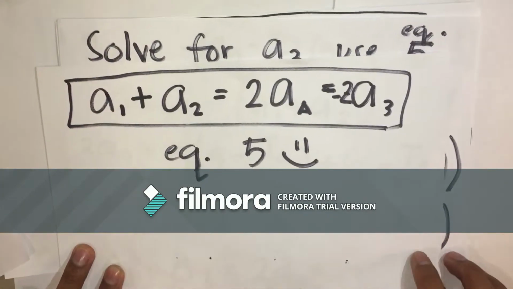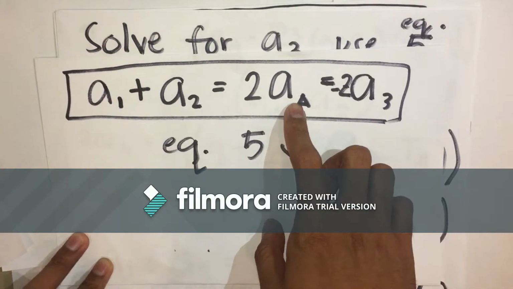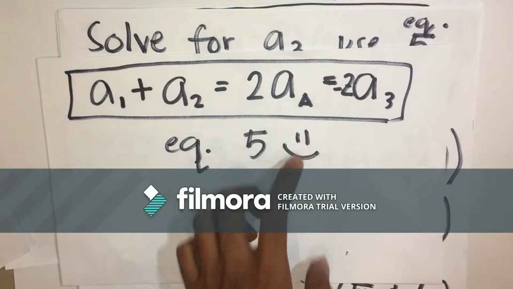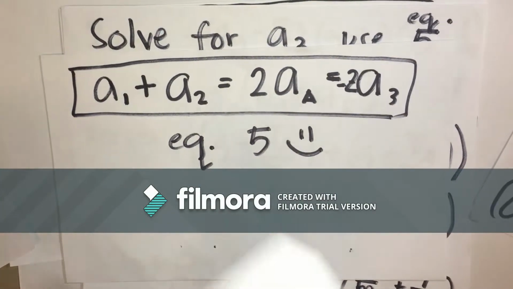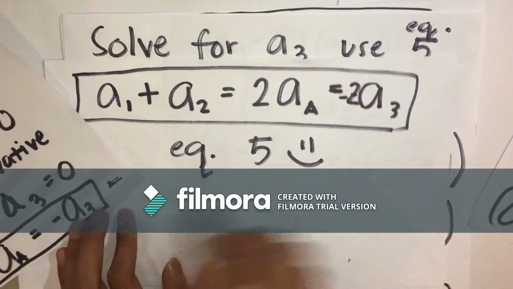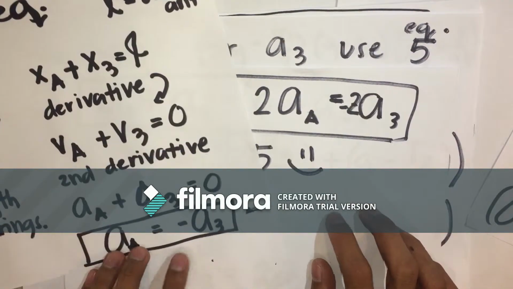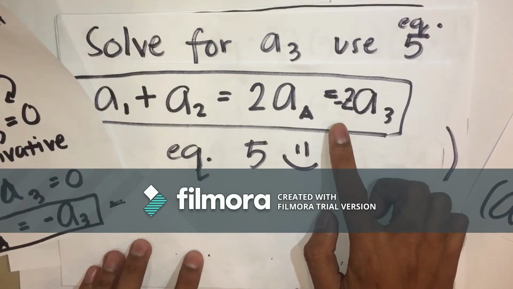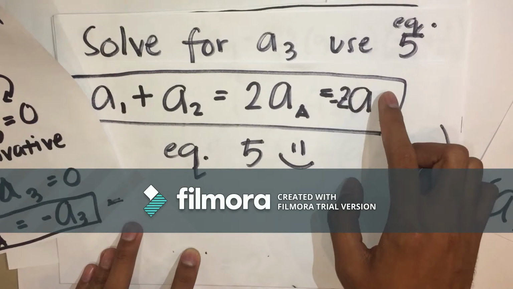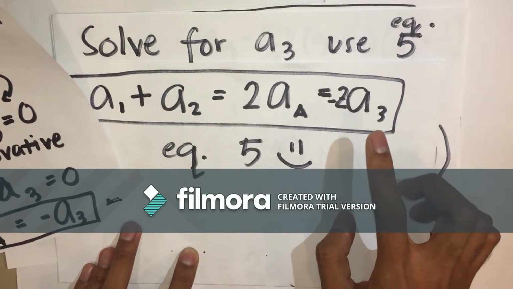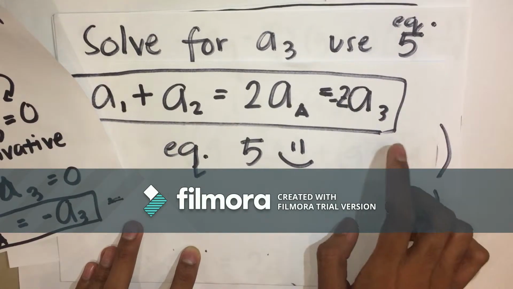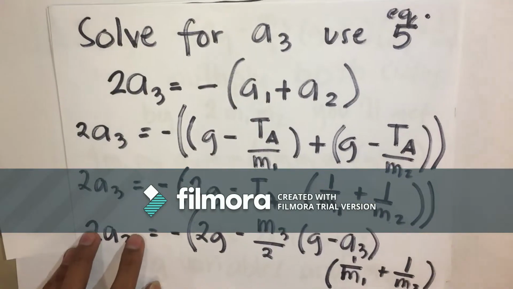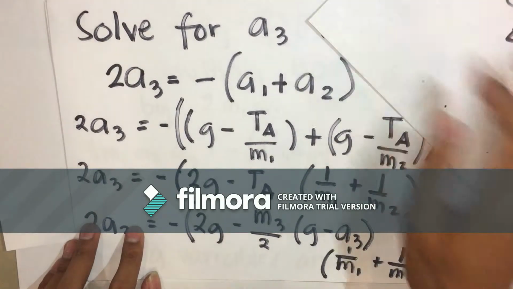A1 plus A2 is equal to 2 times the acceleration of pulley A. And we knew that the acceleration of A is equal to the negative acceleration of the third. So we can say that it is equal to negative 2 times A3. This will be our fifth equation. Using the fifth equation, we solve for A3.